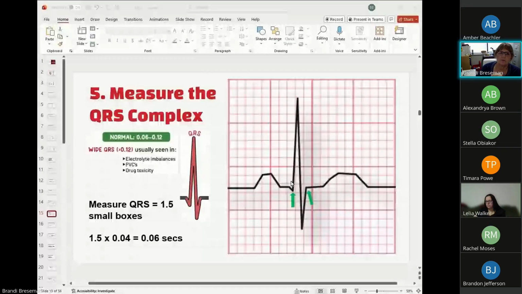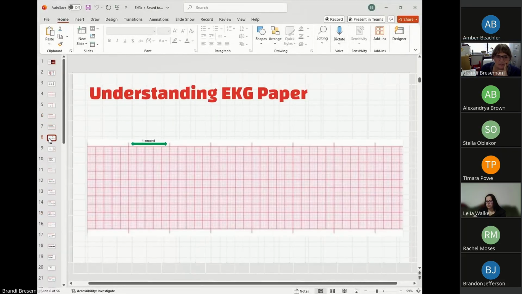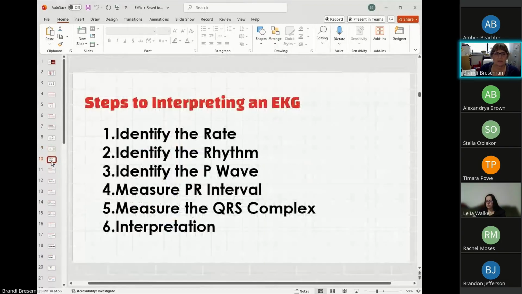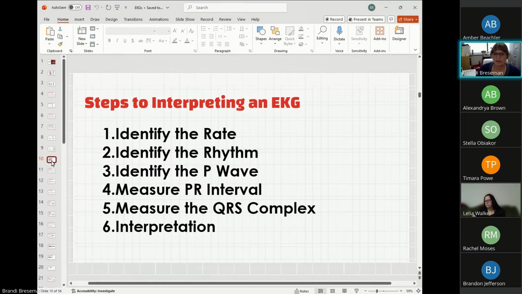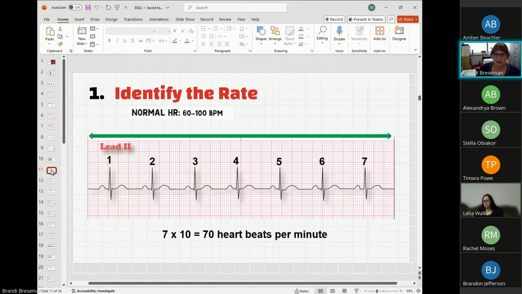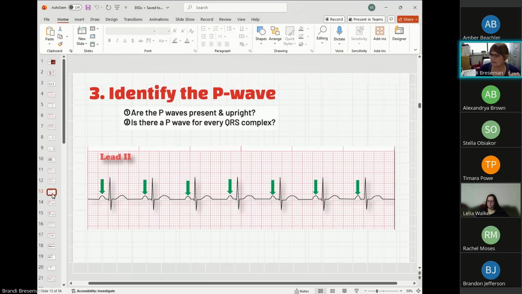So far, if we go back, we started out by identifying the rate. That was the first thing we needed to do. We identified our rate as 70. And then we identified our rhythm as regular. Then we said that we have a P wave for every QRS and they're upright.